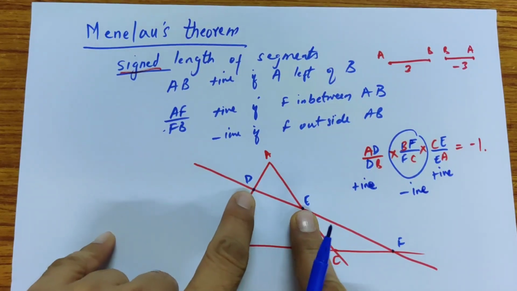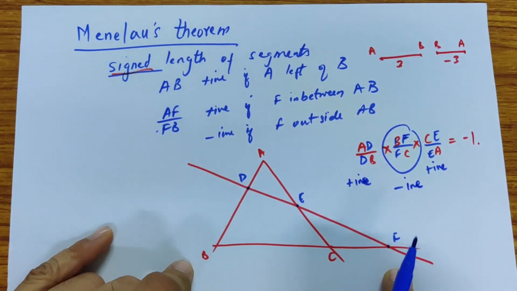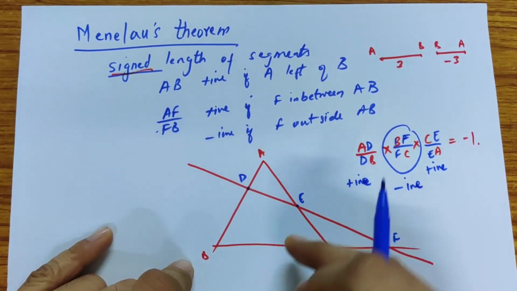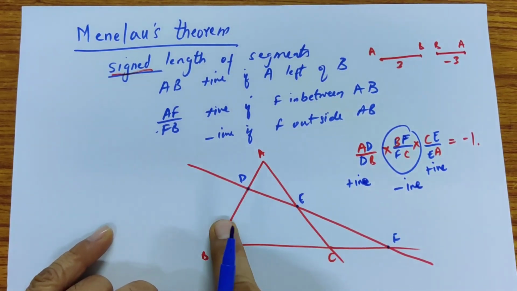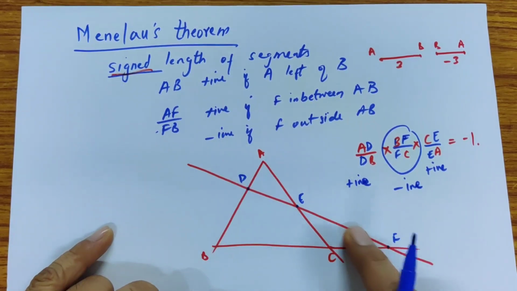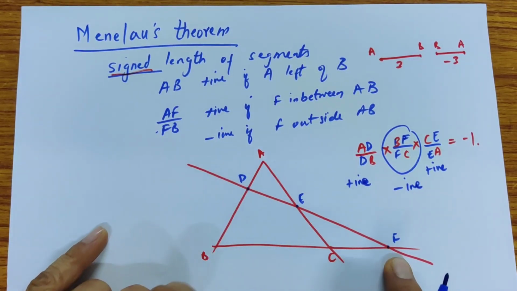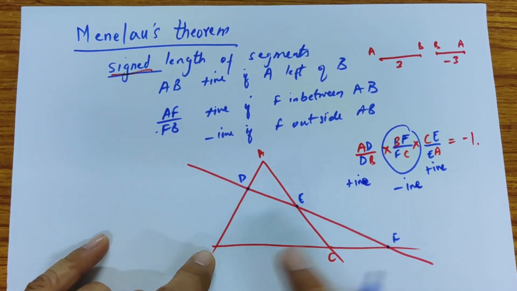So 2 of them will be positive and the third one will be negative, because in a triangle you can't have one line cutting the third side also within the triangle. As you draw a line, it will always cut outside. So this term, BF by CF, is what is negative.